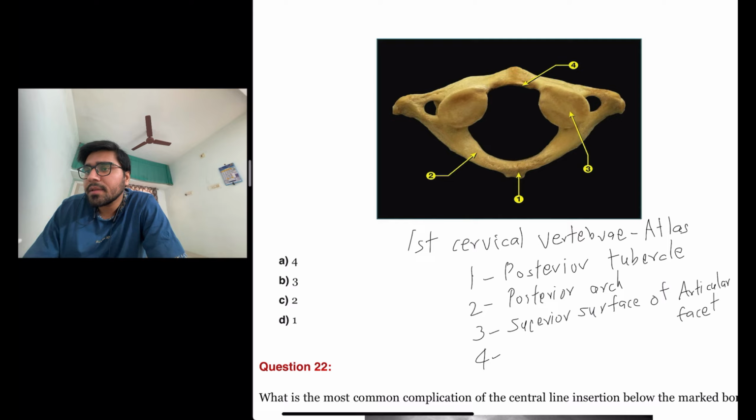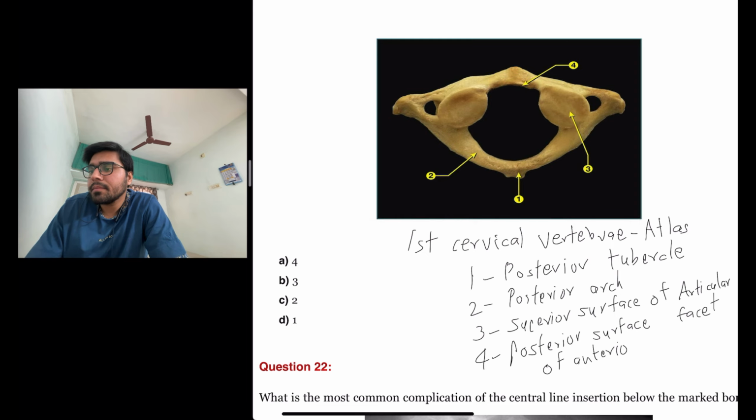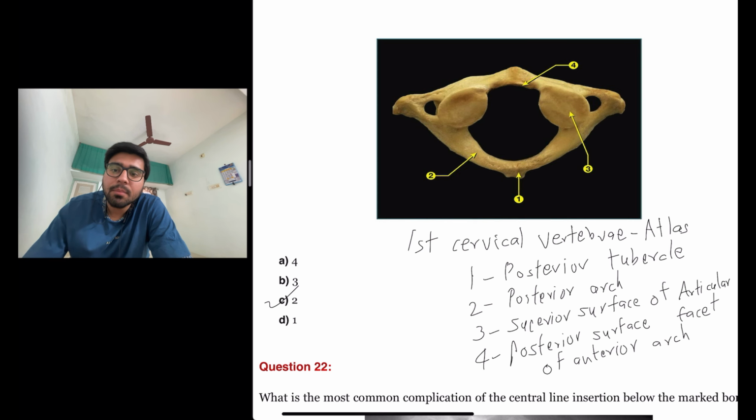The fourth one is posterior surface of anterior arch. So the third part of vertebral artery is related with the posterior arch of the first cervical vertebrae, that is atlas. So the answer here is C, number 2.